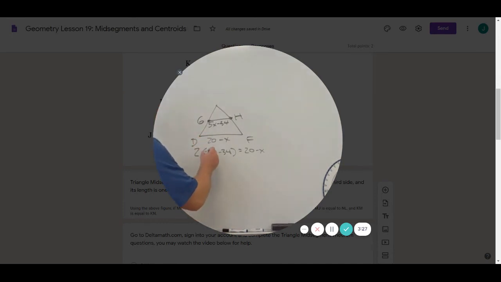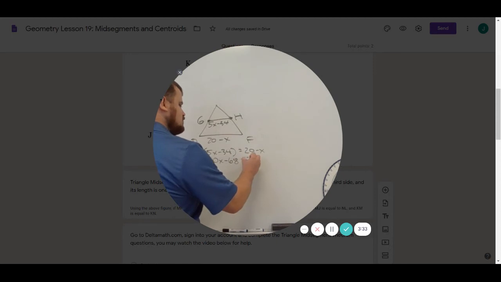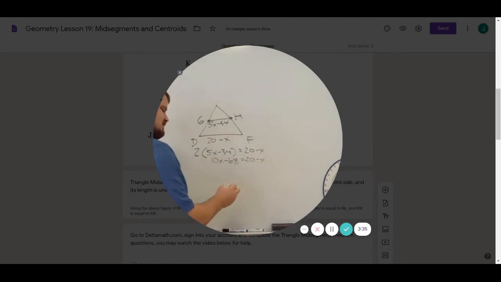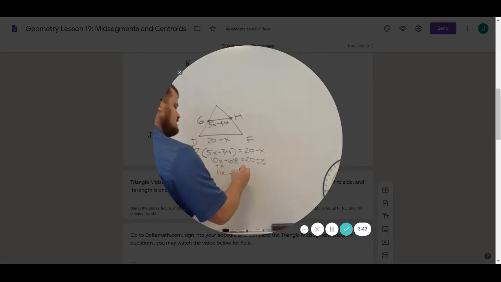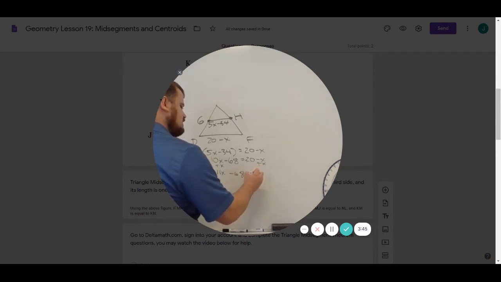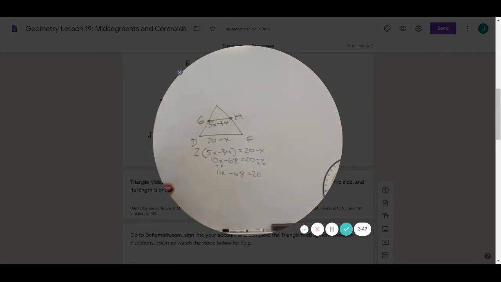Now let's solve. 2 times 5x gives us 10x minus 68 equals 20 minus x. Then let's add x, so 11x minus 68 equals 20.